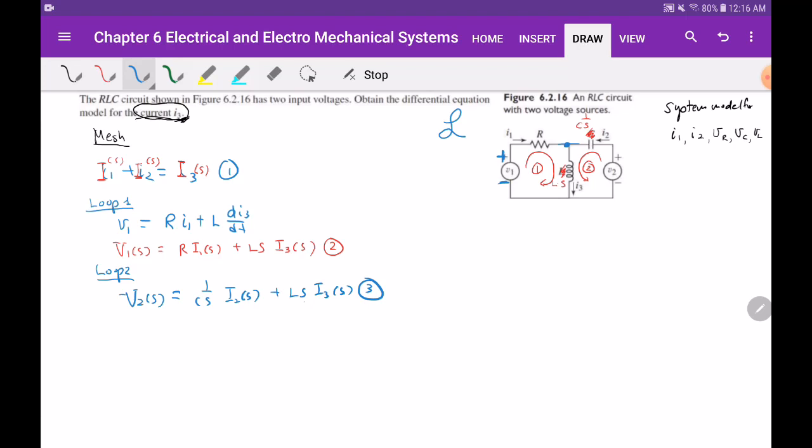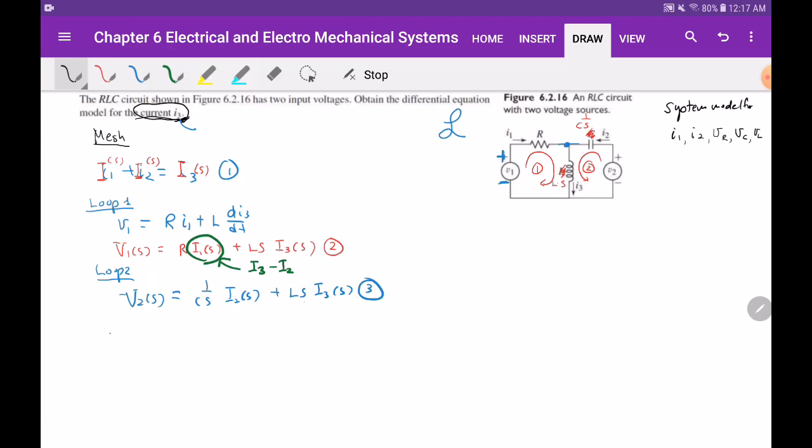We're solving for I3. Why don't I get rid of I1? Every time I see I1, let's replace it with I3 minus I2 in this domain. Now let's write down equation 2.